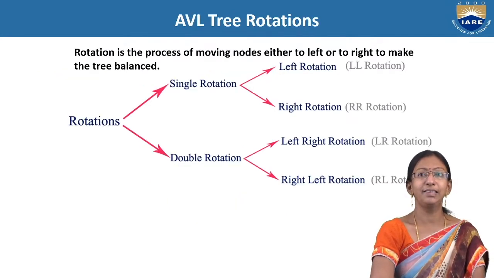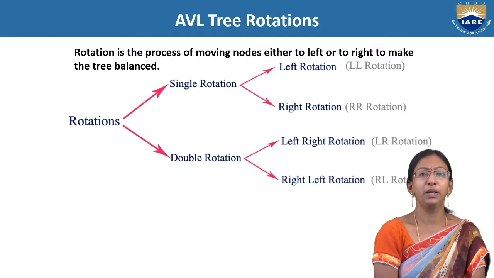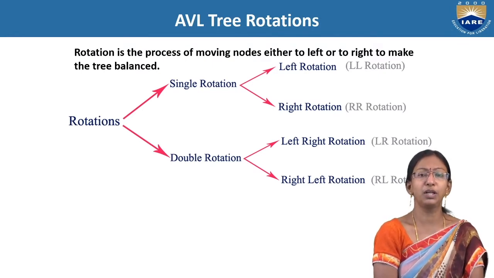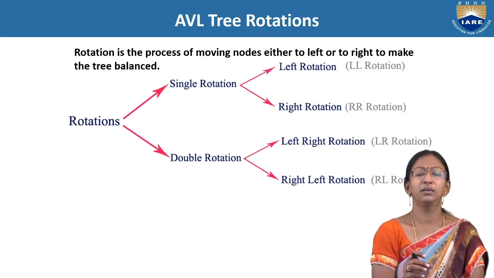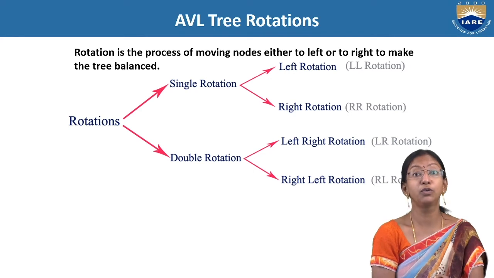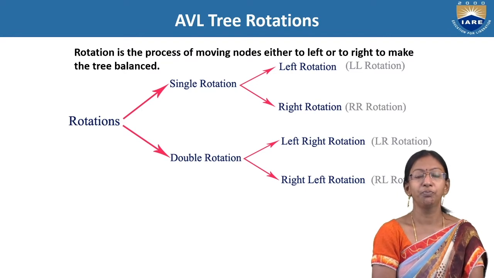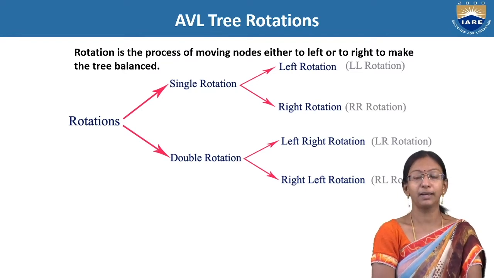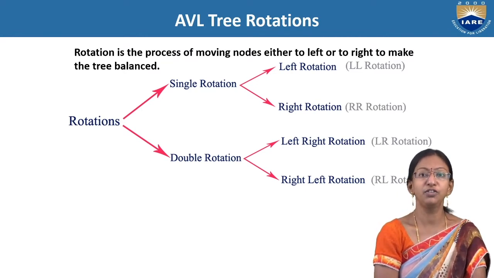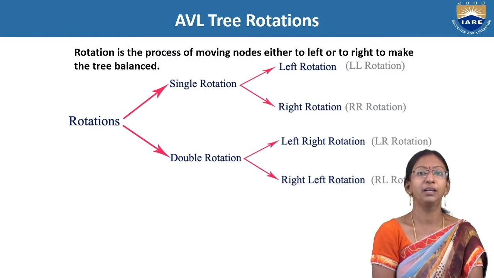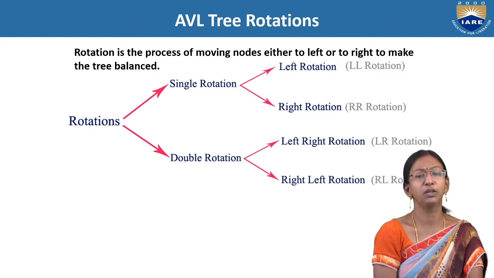To stay within the AVL property, if any node violates it with the balance factor, if it goes to either -2 or 2 or something like that, we have to bring it back on track. Using rotations we can do that. It's not that if some node violates, you remove it. No.